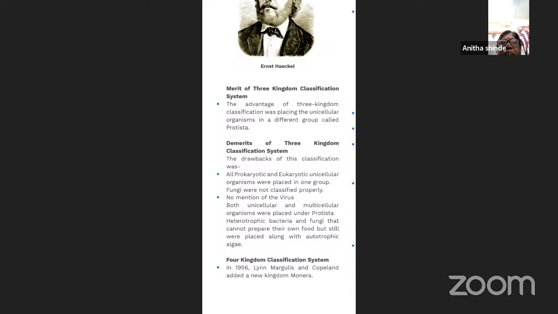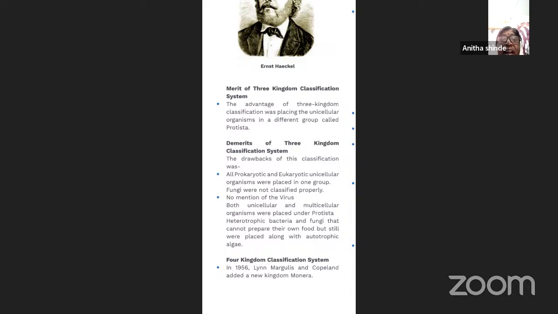All prokaryotic as well as eukaryotic unicellular organisms were placed in one group. And also fungi were not classified properly. And there was also no mention of the virus. Even viruses will come now. So nobody actually till now has considered the virus. There was no mention of the virus. So that is why both unicellular and multicellular organisms were placed under Protista.